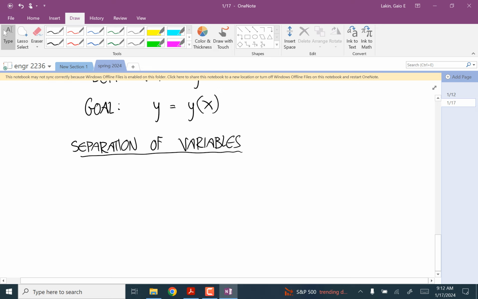Okay, so separation of variables. You can do this anytime you have a problem of this form. And obviously these variables are totally arbitrary, but I'm going to say dy ds is equal to some function of the dependent variable times some function of the independent variable.